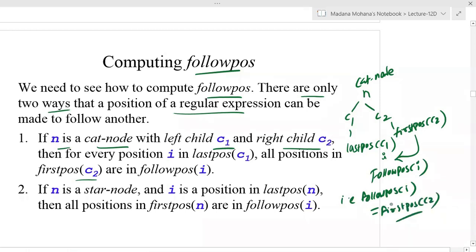Suppose C1 contains 3 values: for the first value the same, the second value the same, the third value the same. Like that, for all values you have to apply in the case of a cat node.